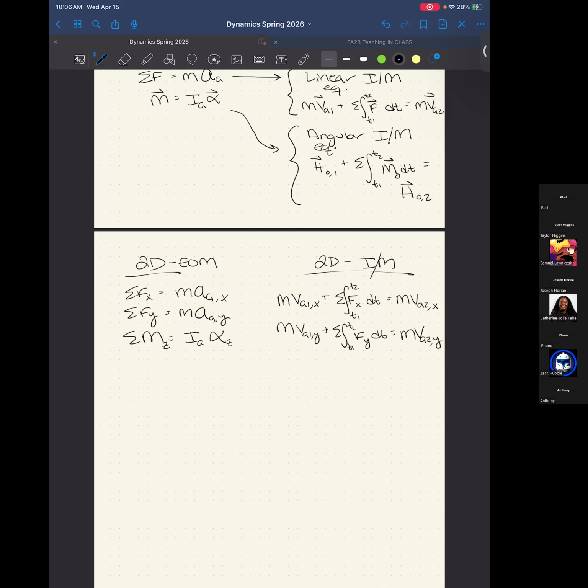Okay. So then the angular impulse momentum equation becomes, well, let's talk moments for a second. When we did the sum of moments equation, and we wanted to sum moments about G and we had some three-dimensional vector F, it's really hard to draw forces in 3 dimensions.